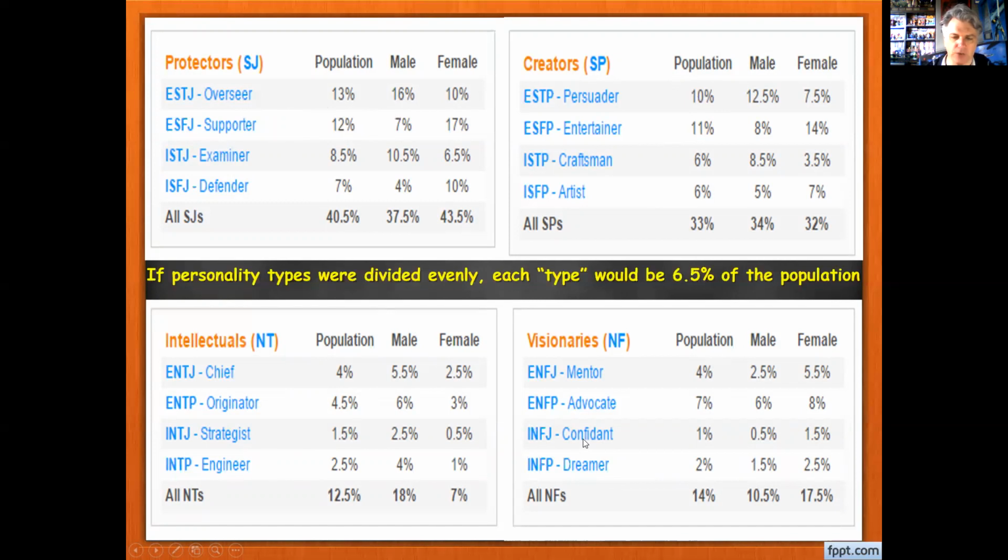If you're around the 6 to 7 to 8, that's a pretty even spread of the population. Also, you'll notice the difference between the male and the female portion as well. Feel free to pause this if you want to take a look at your own particular one and see where it is.